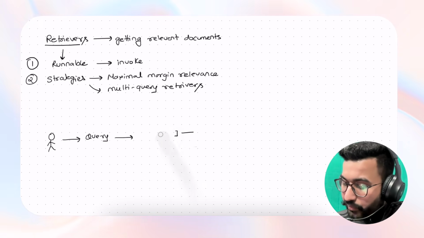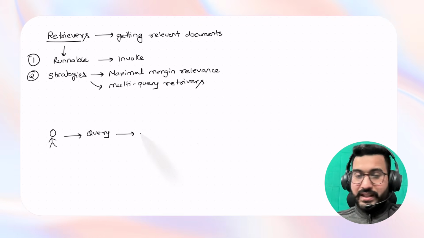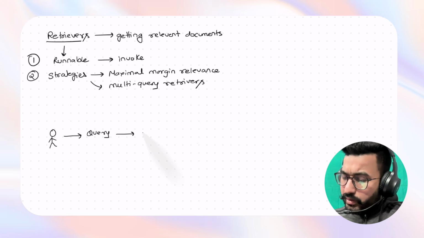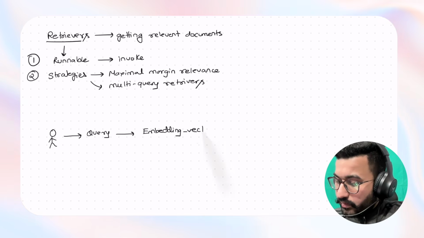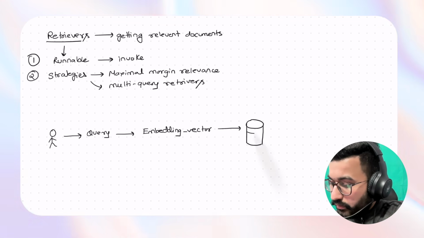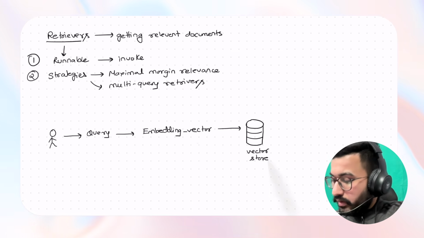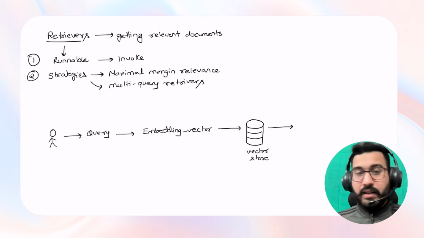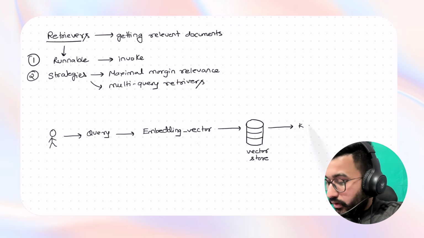Let me write the entire process and then I will bound it. So the query will be taken by the retriever. It will convert that query into an embedding vector, will take this embedding vector into your vector store, will perform the similarity search, and will return you the K documents.